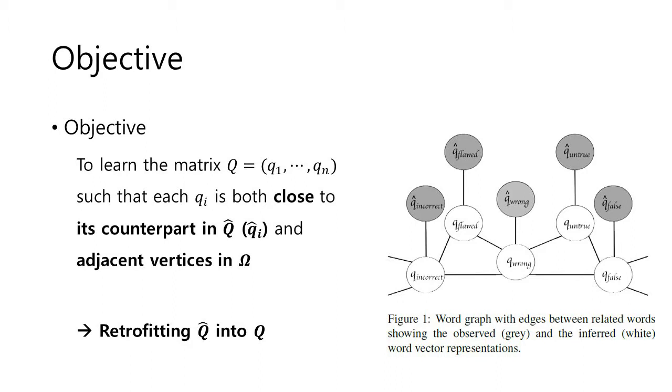The white vertices are the ones from Q hat and the gray ones from Q. The objective is inferring the gray ones from the white ones while considering adjacent vertices in the ontology.